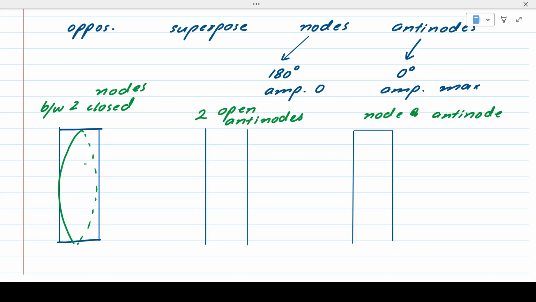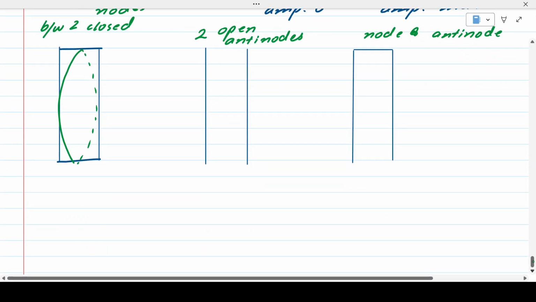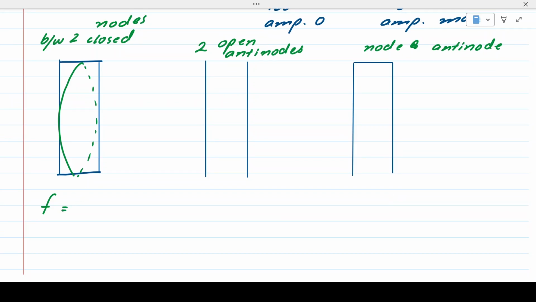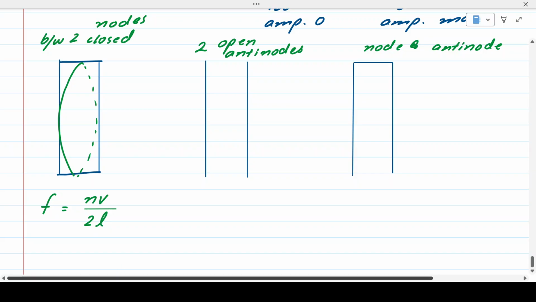If you need to find the frequency of the first harmonic, second harmonic, third harmonic, any harmonic of the first case, you use the formula nv over 2L.